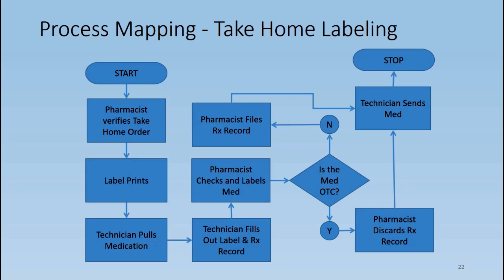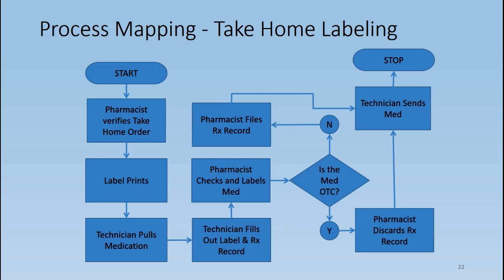This is one for take-home labeling, and you'll notice how simple it is. It doesn't get too complicated. It doesn't have too many branches. It's how we envision the process as it exists today. So start, you have a little bit of an oval for a start. Then the pharmacist verifies the take-home order. So we have a take-home medication that they're going to take. Label prints. Technician pulls the medication according to the label.